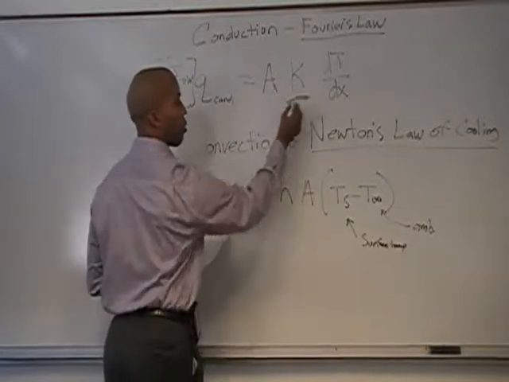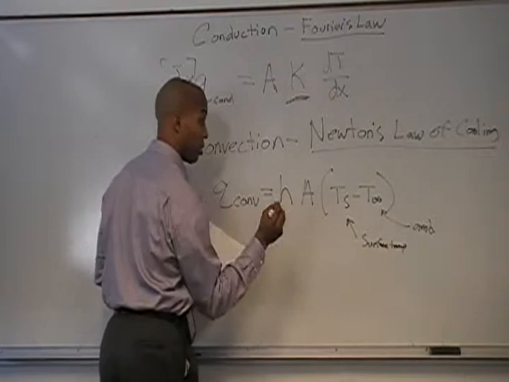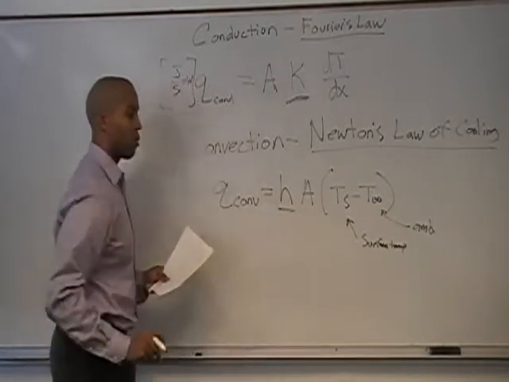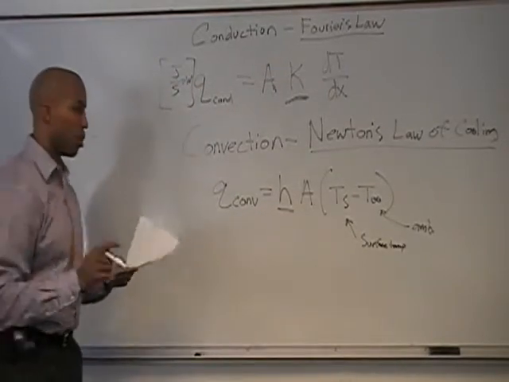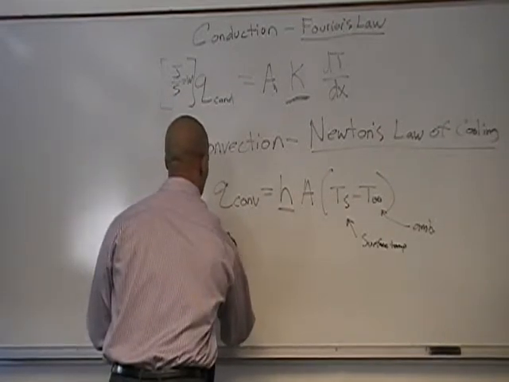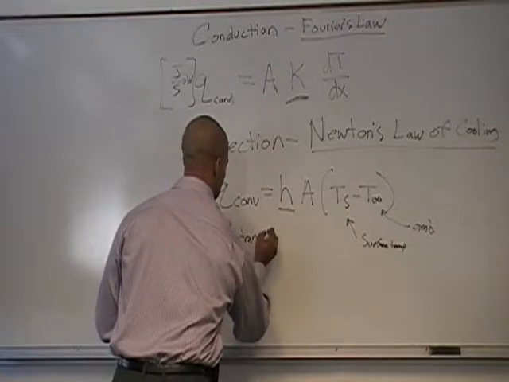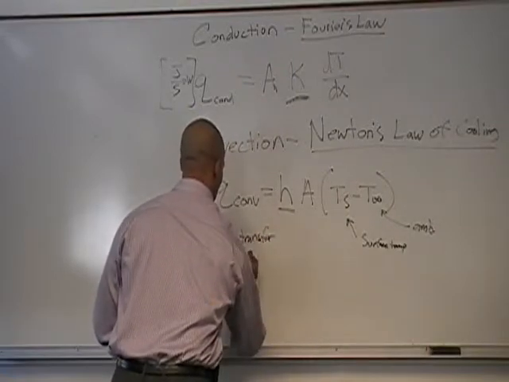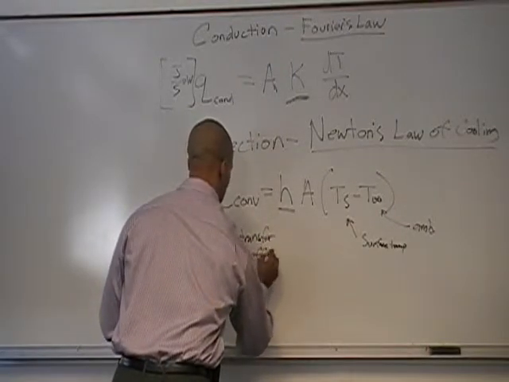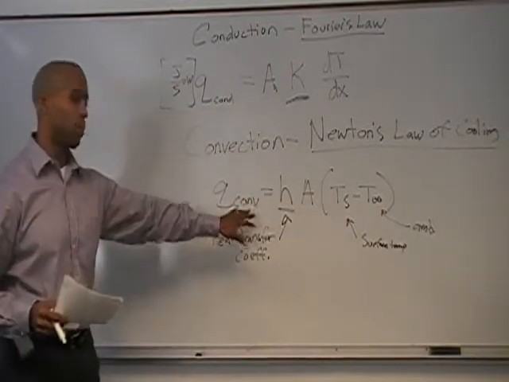Thermal conductivity was important for Fourier's law in heat conduction, the rate equation. For convection, this h, which we call the heat transfer coefficient, is critical in determining convective heat transfer.